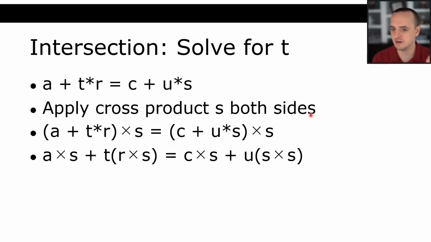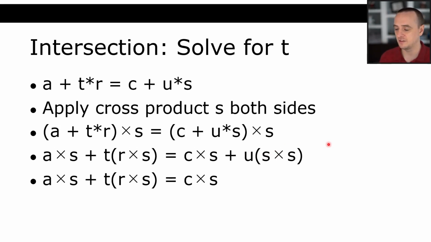What do we have here now? We have an S cross S over here, and if we remember, S cross S is 0. So this term disappears because anything times 0 is 0, and so we're able to eliminate the U from our calculation. So now we have this equation with one unknown, and now we can solve for it.